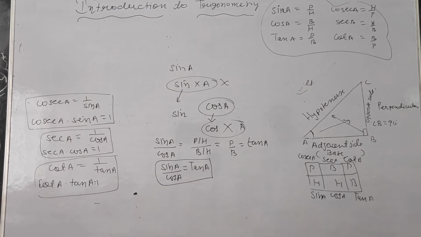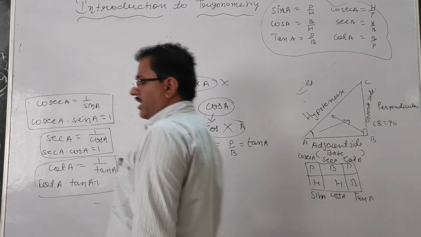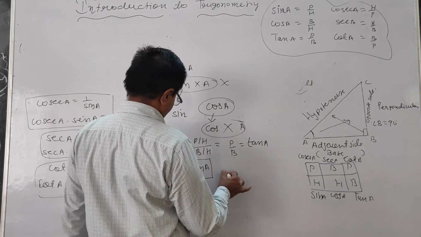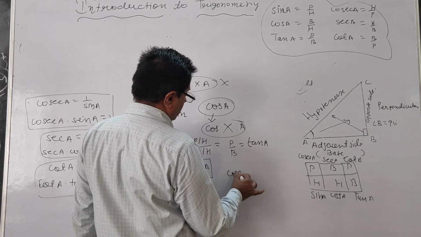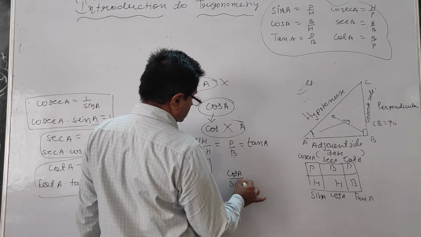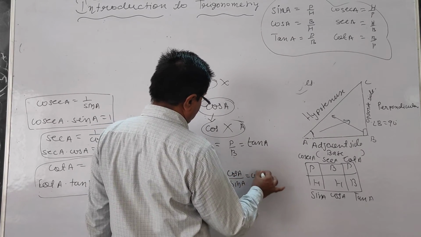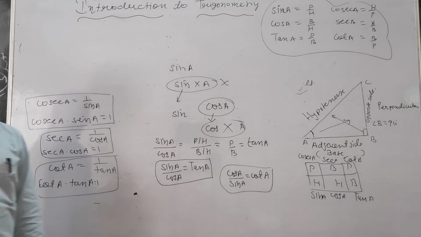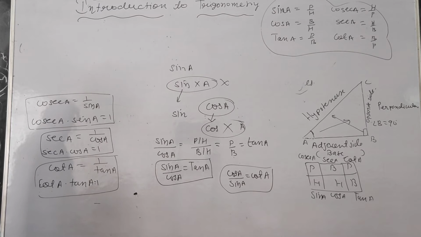Similarly, the reciprocal of tan is cot, so cos A upon sine A is equal to cot A. These are important results you may write.